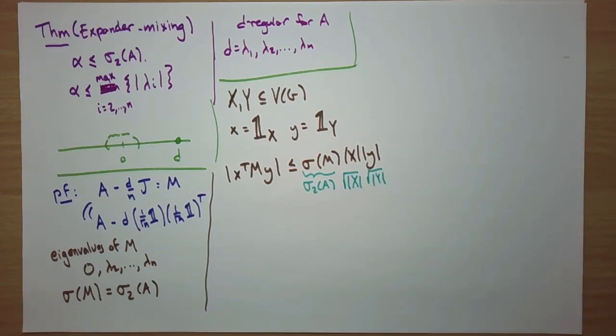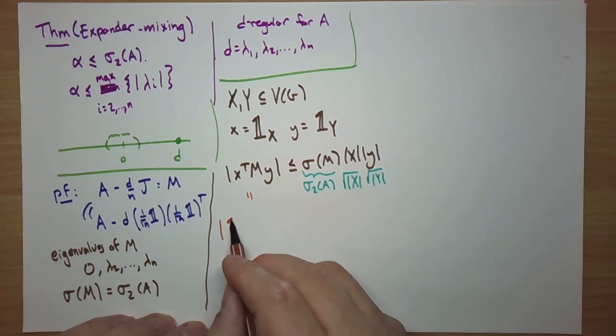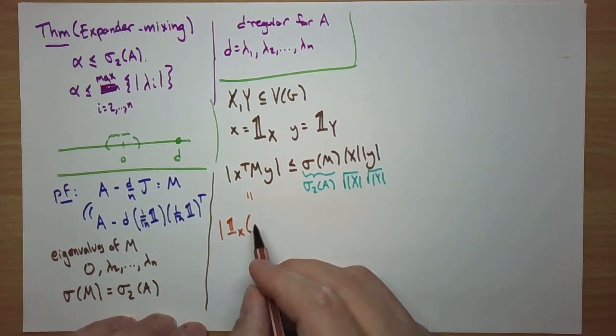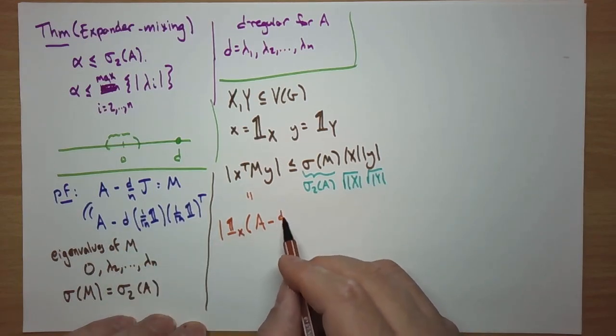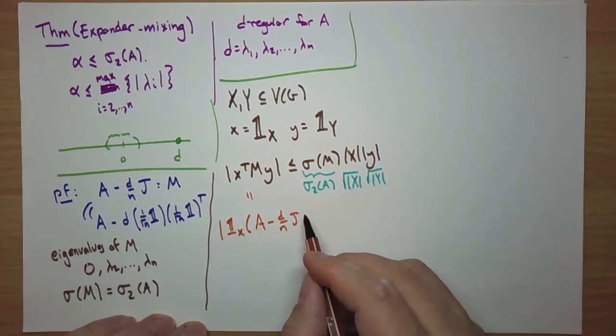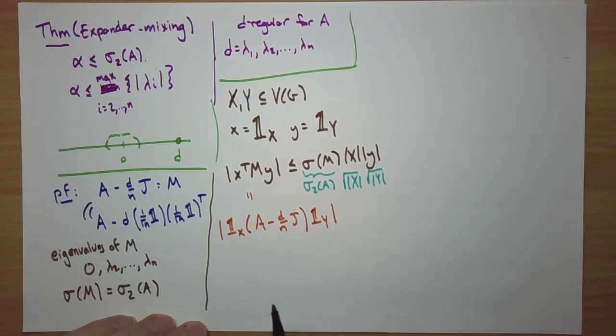All right, so that just leaves us with what's happening on that left-hand side. But you already have a feeling like, I know where this proof is going. So here we go. Left-hand side: we have our indicator function x, we're going to take our A minus d over n J, and then we have our indicator function y.